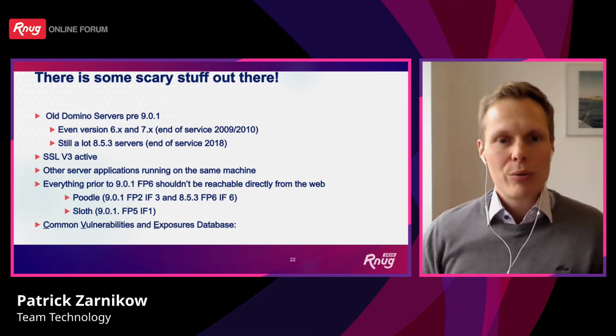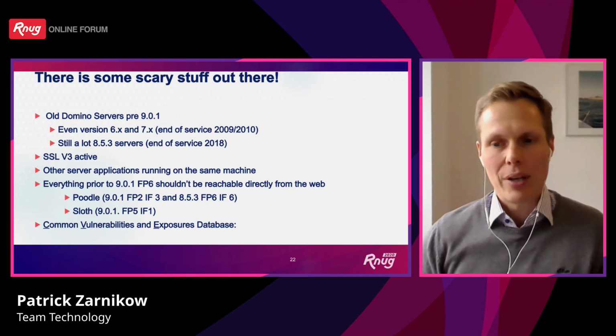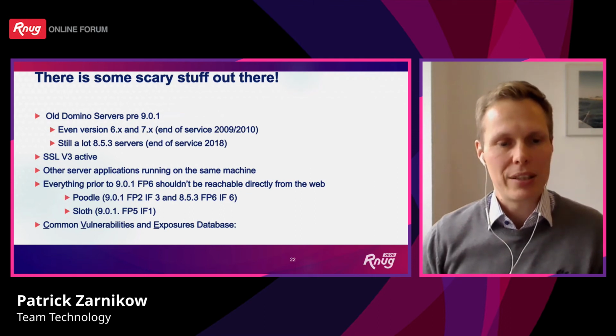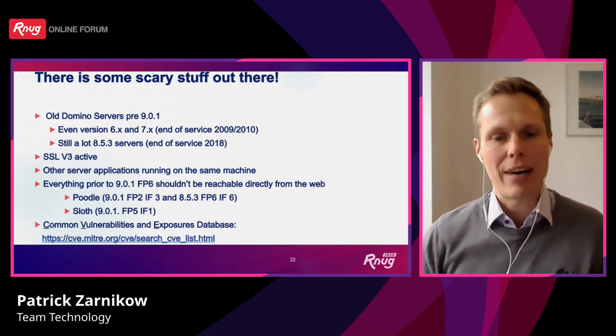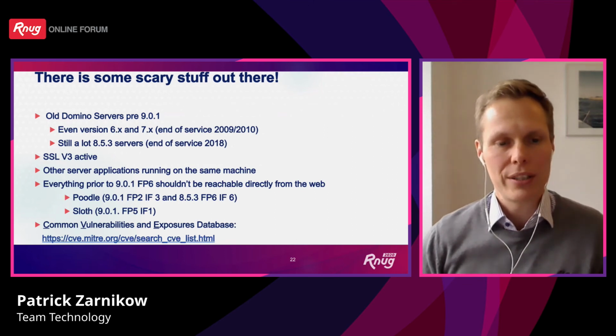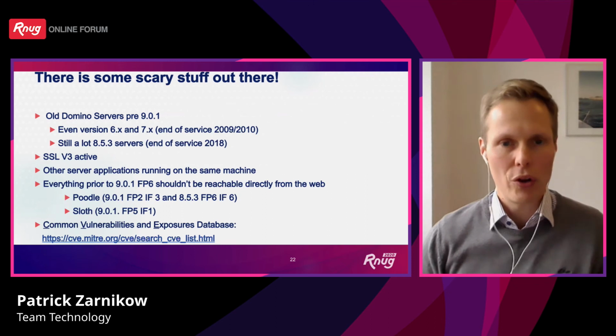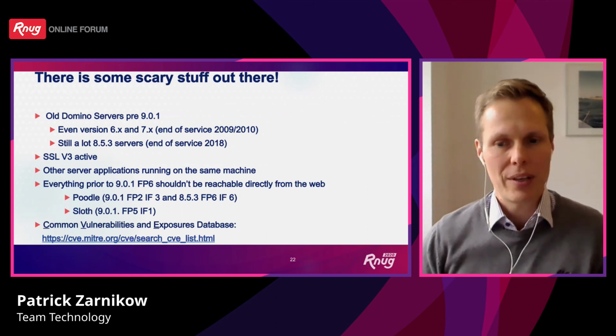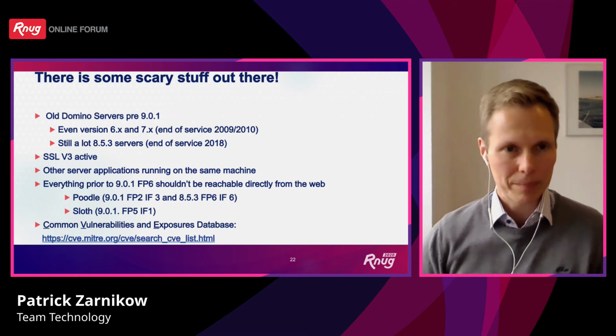If you want to take a look at more vulnerabilities that are out there, you can use the exposure database, the CVE. You can find it at this URL, and you can find all the CVEs that are out there for all the Domino servers that are still available.